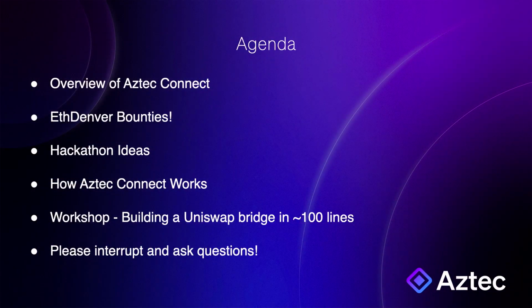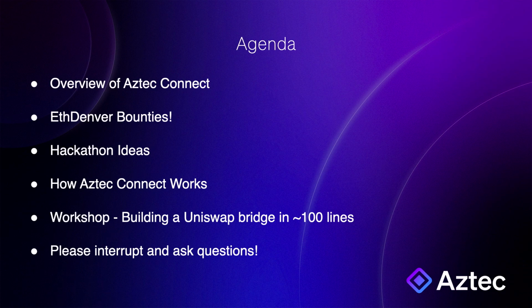We're going to try and get through some live coding today and a quick overview of how Aztec Connect works. The agenda today: go through the ETH Denver bounties, an overview of Aztec Connect, discuss some of the ideas for the hackathon that you can work on, and a bit more detail on how the actual layer 1, layer 2 interface works.